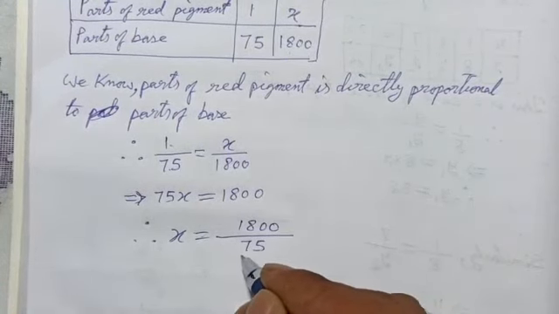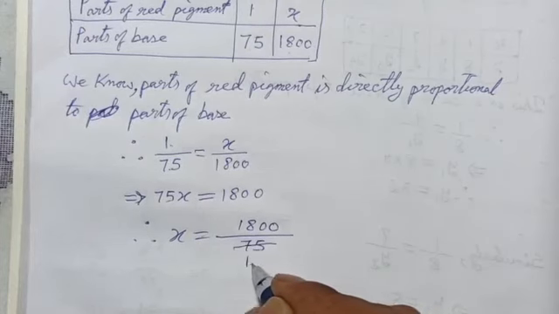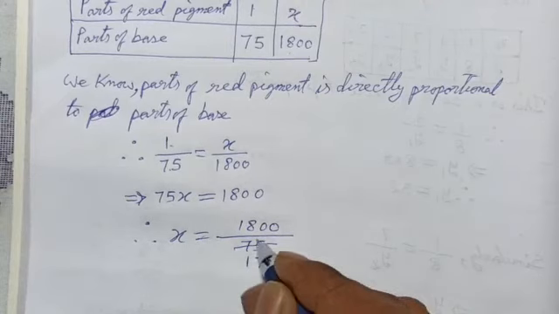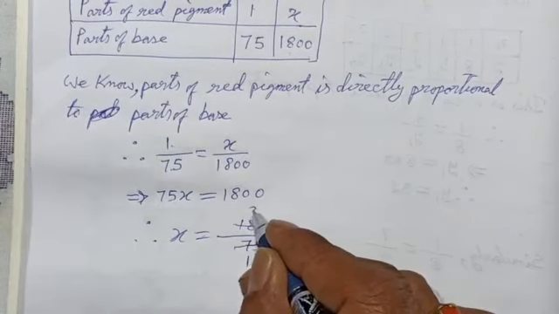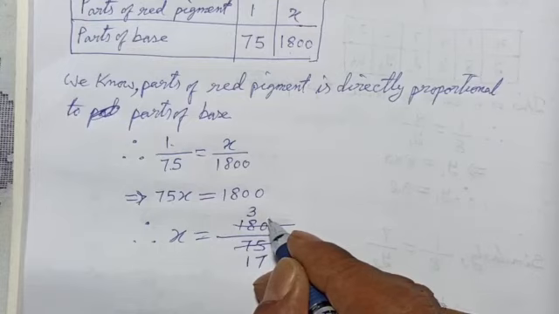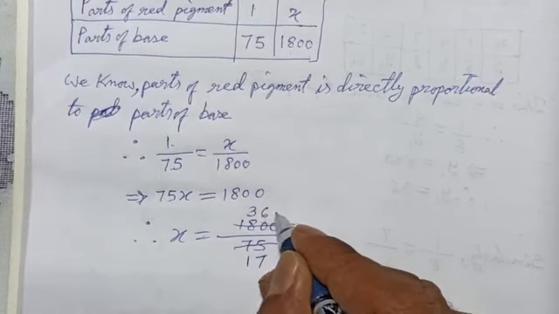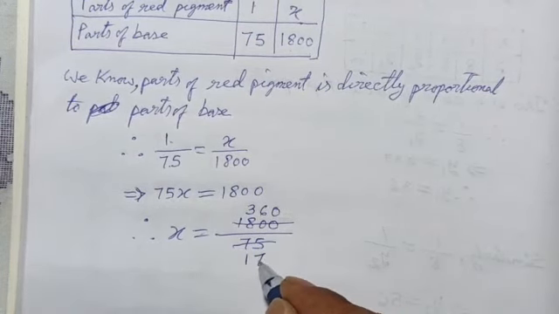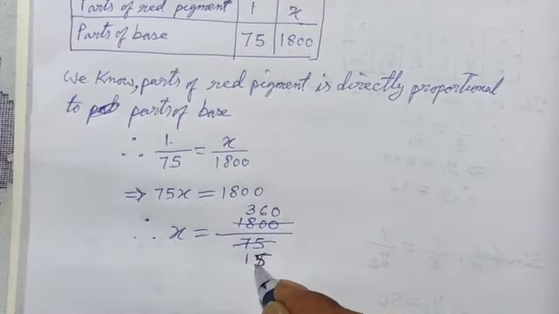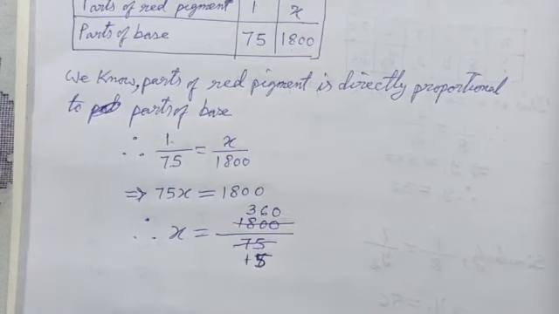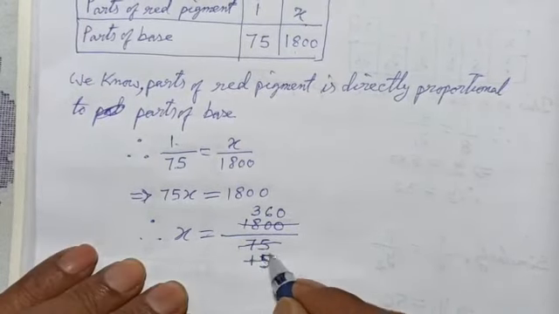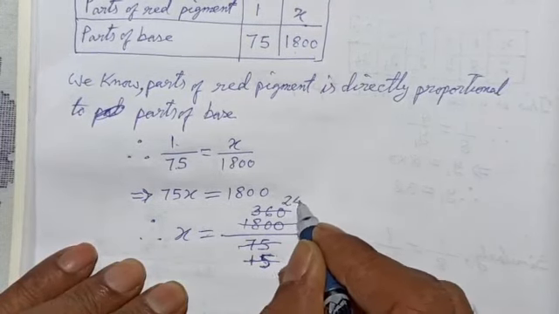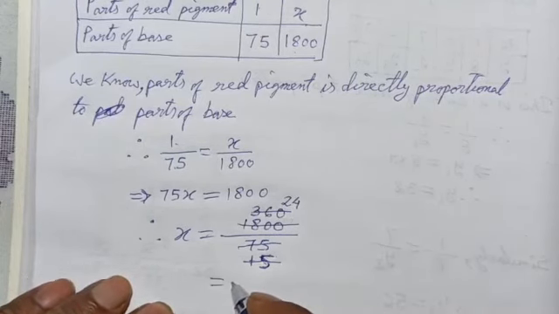Let us divide by 5. 5 times 15 is 75, and 5 times 360 is 1800. So this must be 15. So if we divide 360 by 15, 15 times 24 is 360, so we get 24.